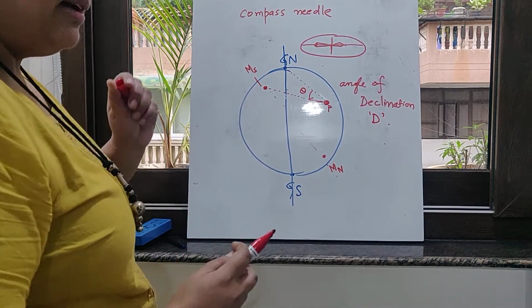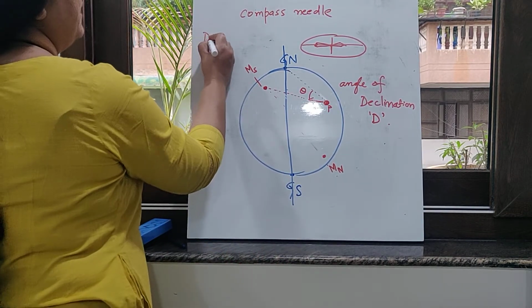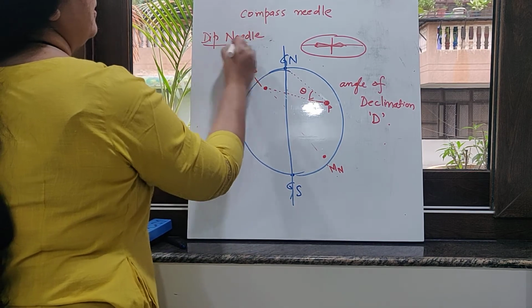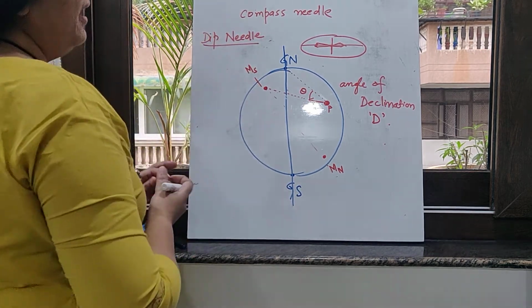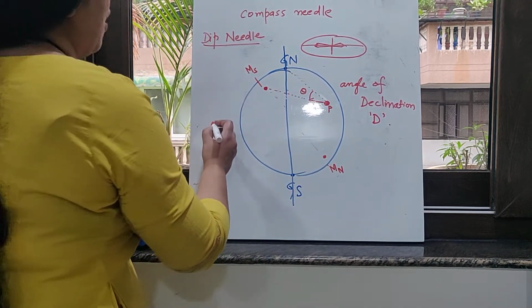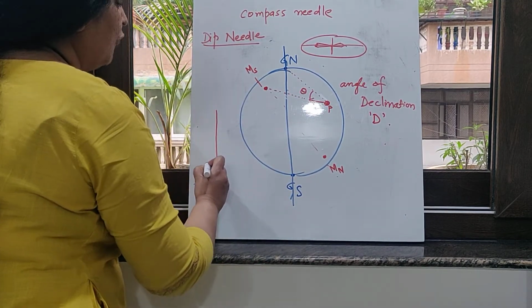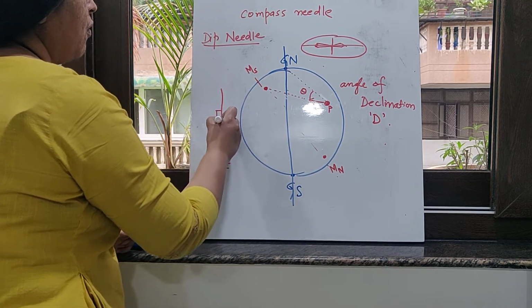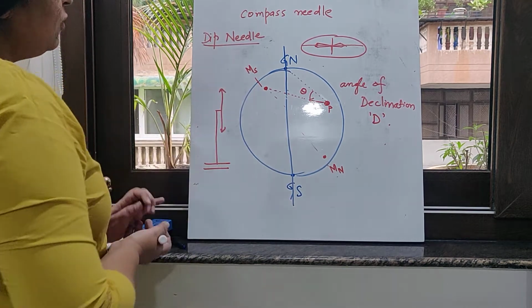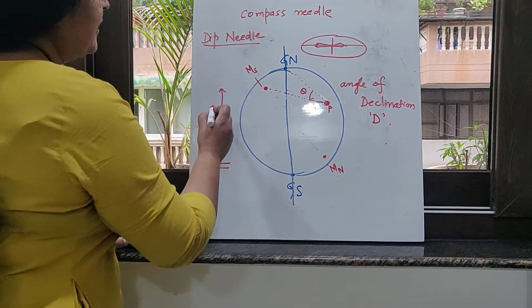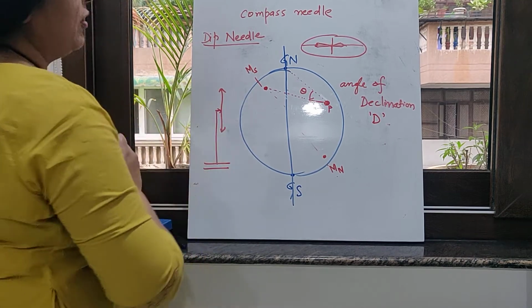Now there is another needle which is known as a dip needle, and this dip needle is the opposite of this. The dip needle is mounted on a wooden frame like this. It is in a vertical plane, but it is free to rotate about the horizontal axis.